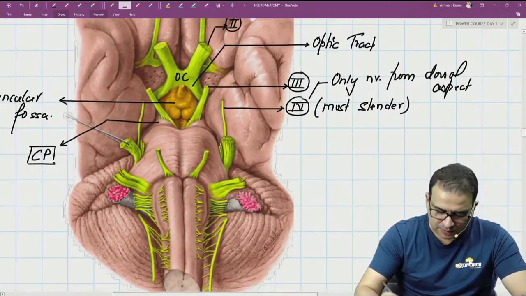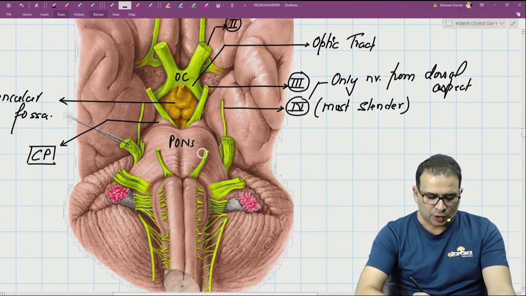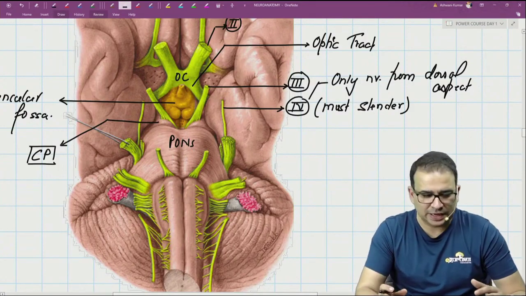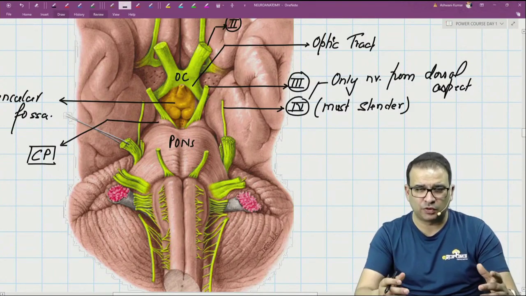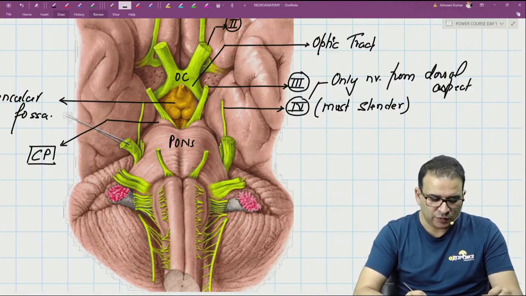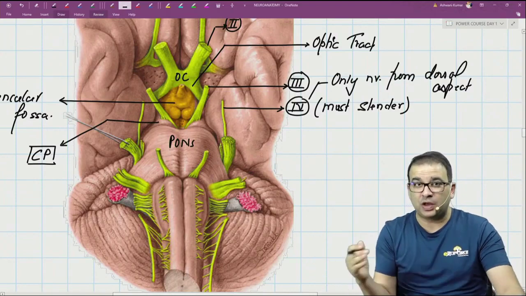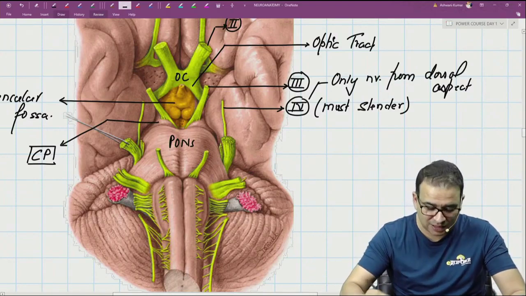Then when you come to this part, this here is the pons, of course, guys. You can see the basilar sulcus also on the pons here. Now there are many nuclei present inside the pons, but that doesn't mean the nerve will also come out from there. The fifth nerve, the trigeminal nerve, is coming out of the ventral aspect of the pons, but actually it is coming out from the very lateral part of the pons where we have the middle cerebellar peduncle.